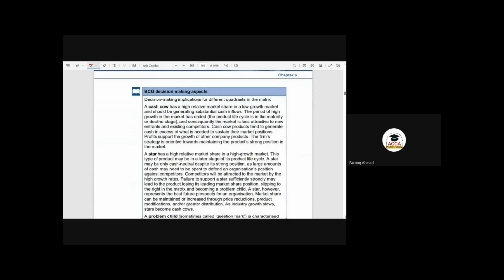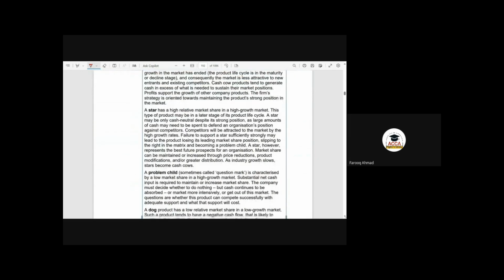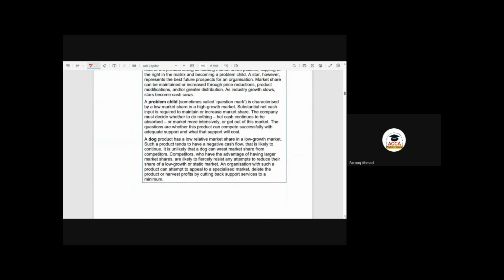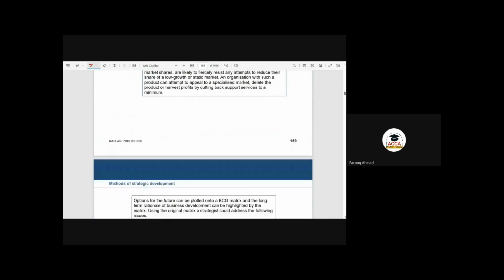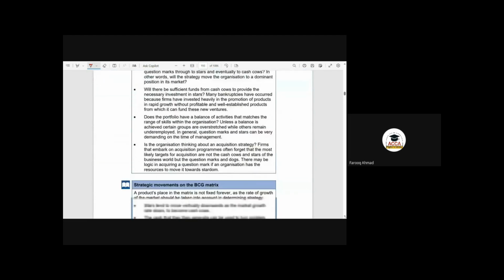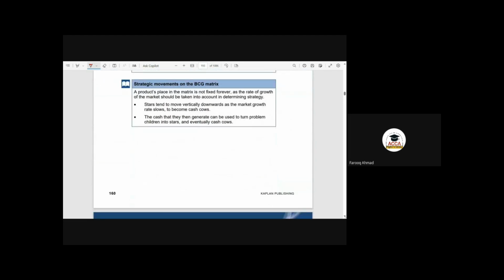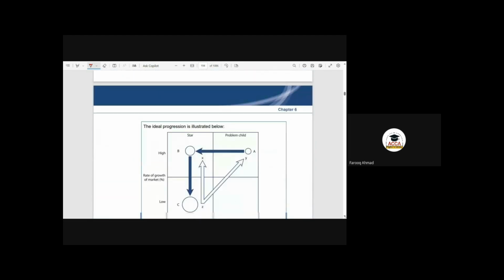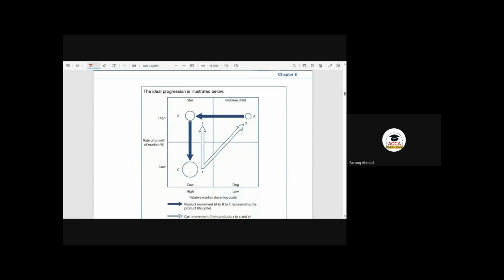BCG decision making aspects, reading part. Ideal progression is illustrated below. Again, high to high is a star, high to low is a cash cow.